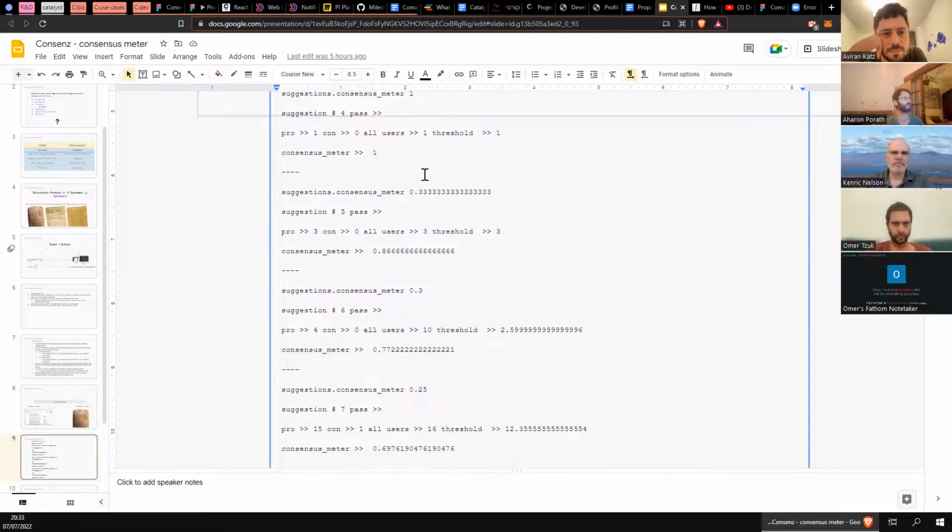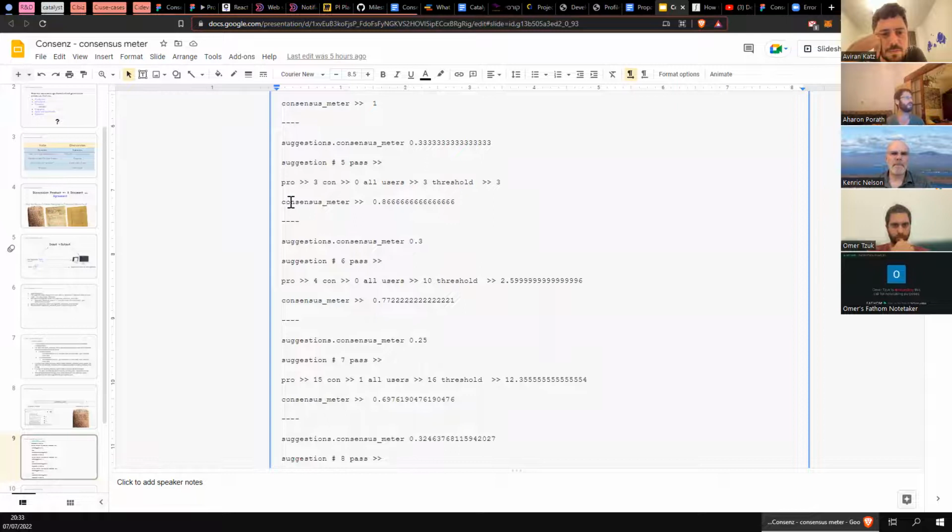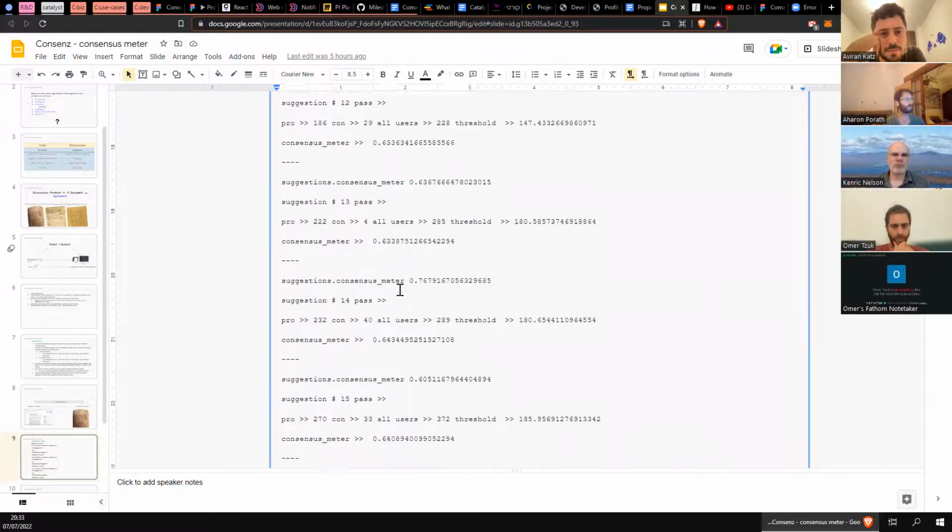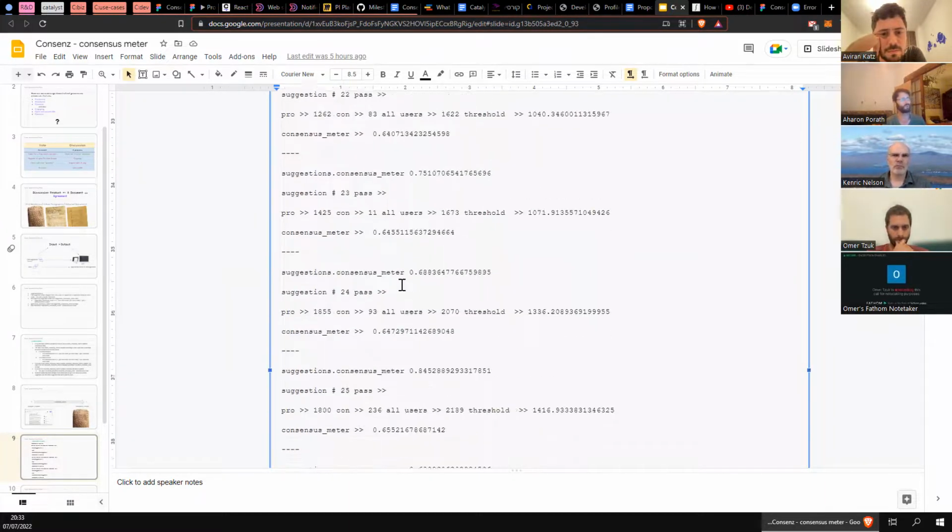Then it becomes more complicated for this specific suggestion, because there are already 4 more users and only 1 vote. So you see that it's 0.33 for the consensus meter, and then the whole document consensus meter is reduced from 1 to 0.86.